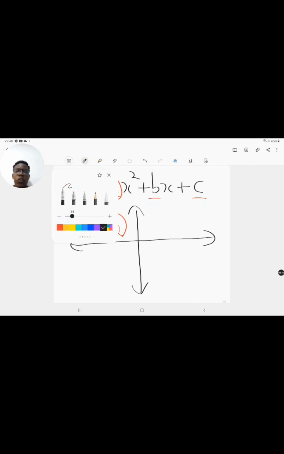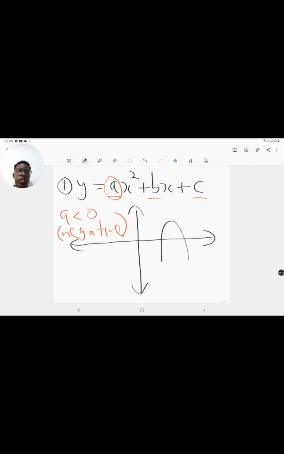Think of negative emotions: you associate negative emotions with a sad face, and it goes down. If it's negative, think of negativity, a negative situation. You're not going to be happy, so you're not going to have a smile, you're going to have a frown. Your smile will be upside down.